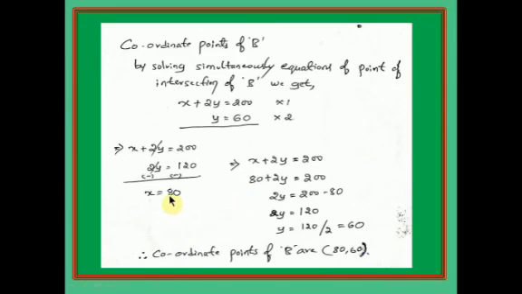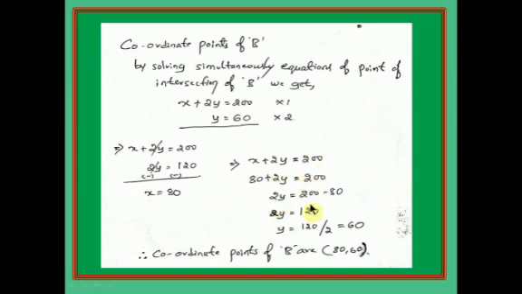One more thing: this x equal to 80 has to be substituted in the first equation, because the x and y combination is there. So x plus 2y is equal to 200; writing the x value as 80, 80 plus 2y is equal to 200.